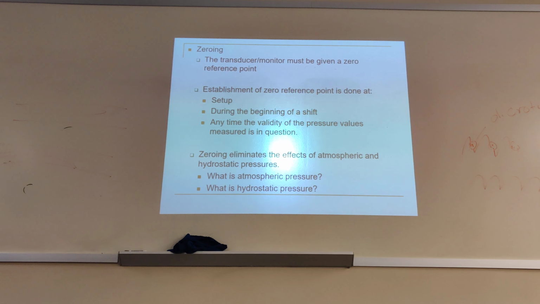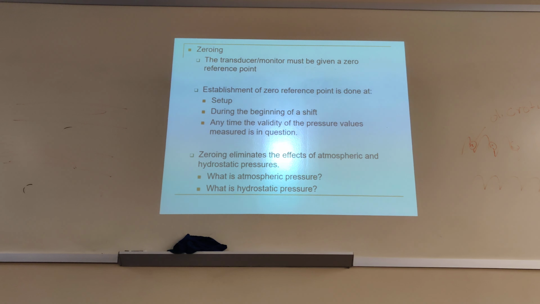Establishment of the 0 reference point is done at setup. Once you finish putting in the catheter, you set this up and hook it up. Before you start measuring, you make sure that you have it at 0 point by allowing the transducer to equilibrate with the atmospheric pressure.